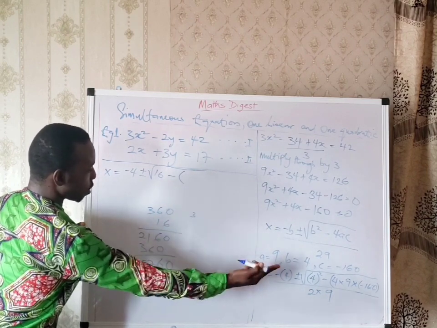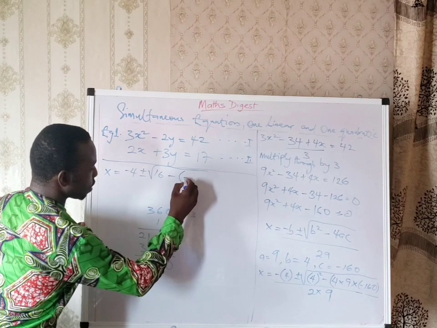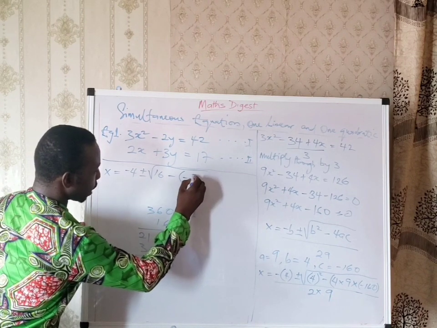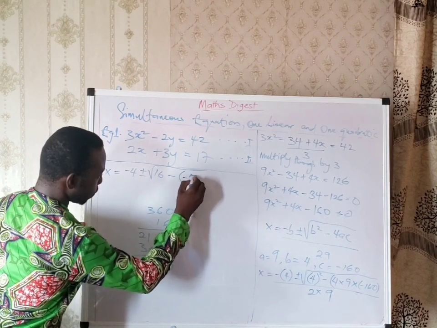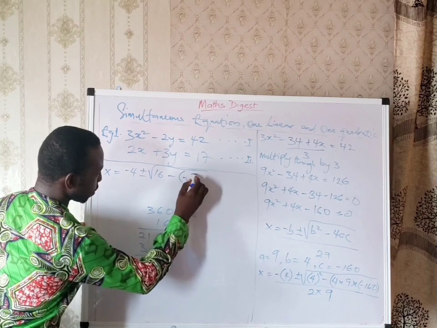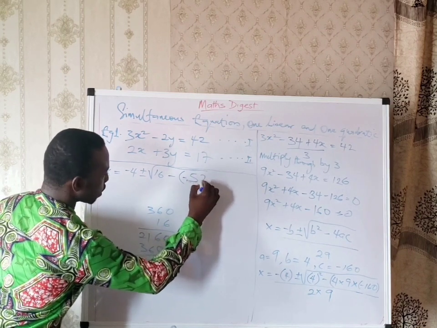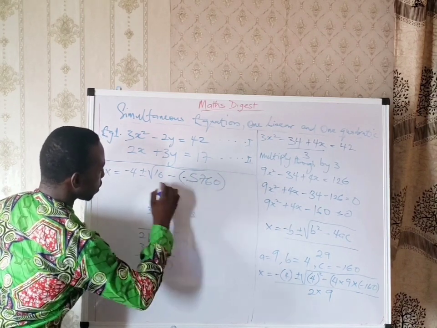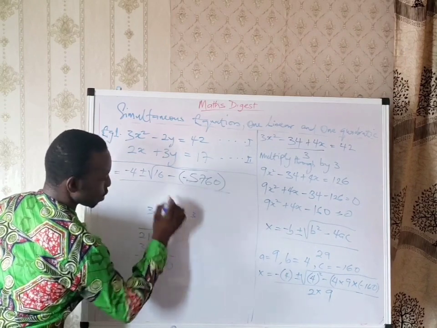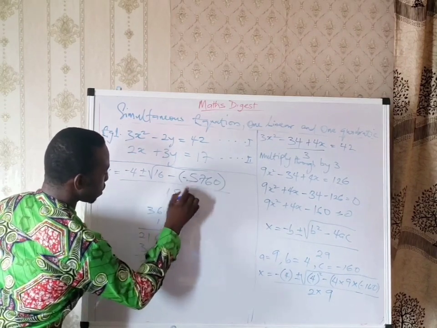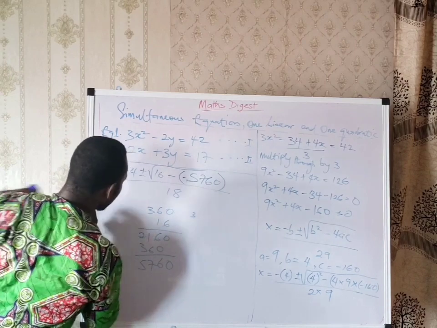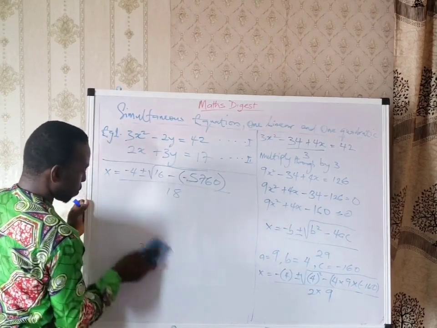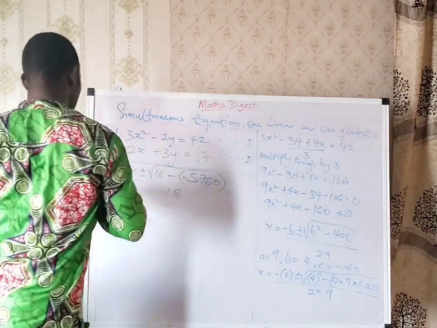Remember it's minus, because of that minus in 160, we have minus 5760, okay, all over 2 times 9 is what? 18. So we have this from there. Now we continue.